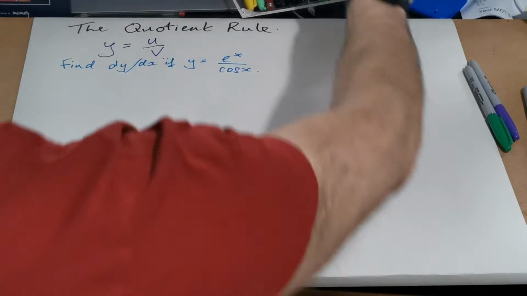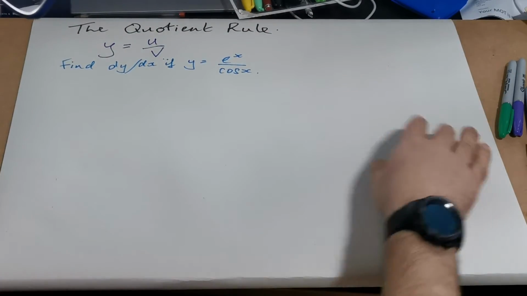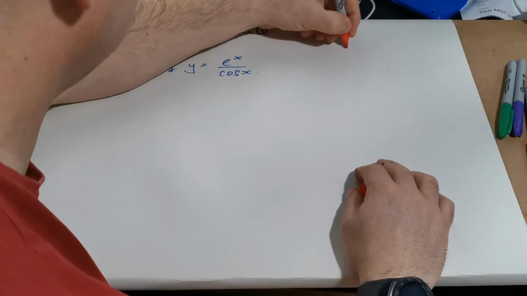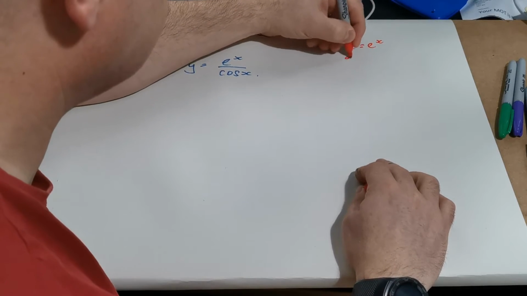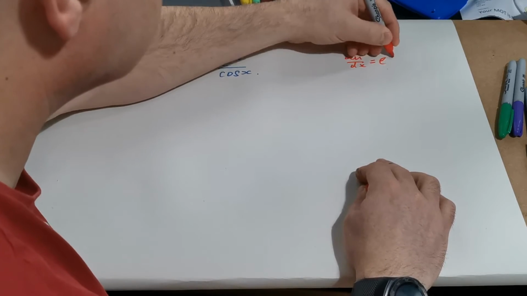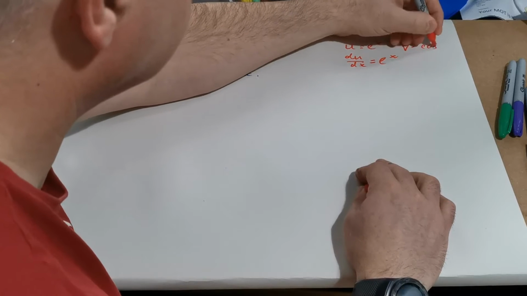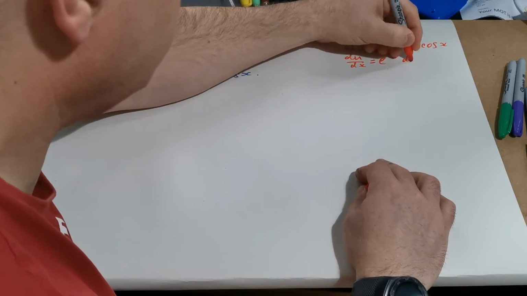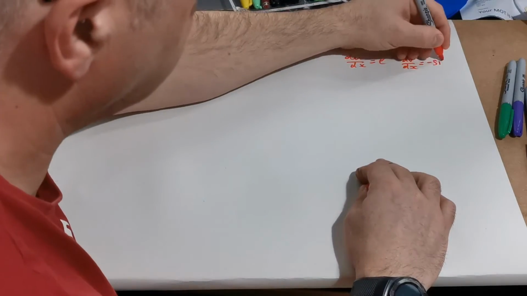I'm going to use that side panel again like I did with the product rule and say, okay, if u equals e to the x, du by dx also equals e to the x, and if v equals cos x, then dv by dx equals minus sine x.